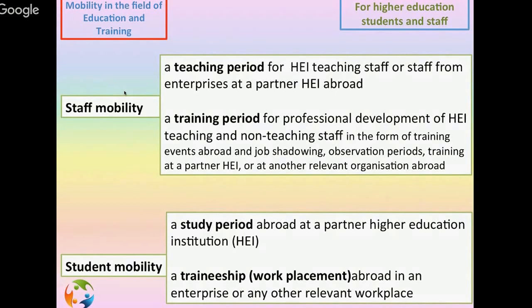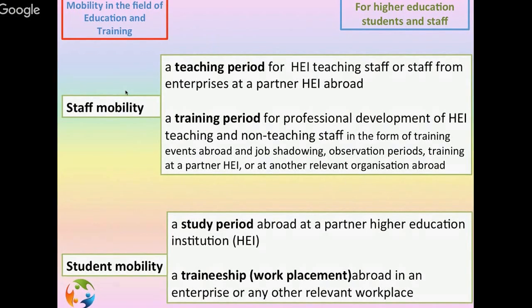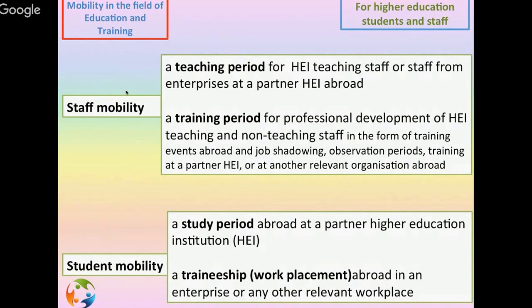This could be teaching or non-teaching staff. And they could do training or job shadowing or observation periods, training in another higher education institution, or any other relevant organizations abroad. So it's a period of training or a teaching period.